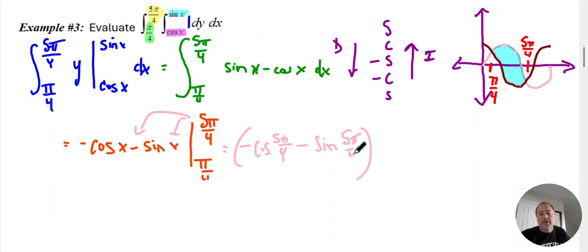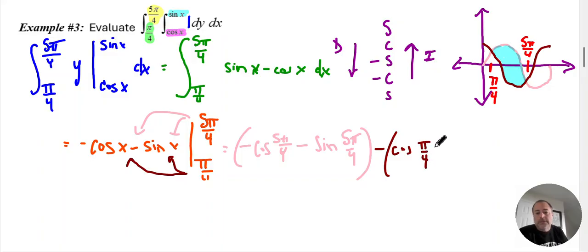I'm not liking that color. It's a little too light for me, so let's change it up right now. Now we're going to plug in pi over 4 everywhere we see an x. So we can do cosine of pi over 4, minus sine of pi over 4. All right, there we go.